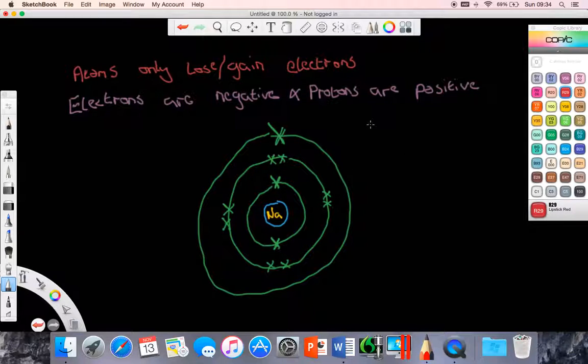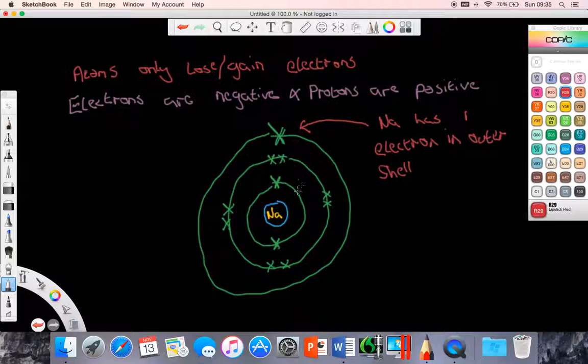Okay, so sodium has 1 electron in its outer shell. But it needs 8 to fill this outer shell. Now, sodium, as an atom, would have 2 ways of completing this.